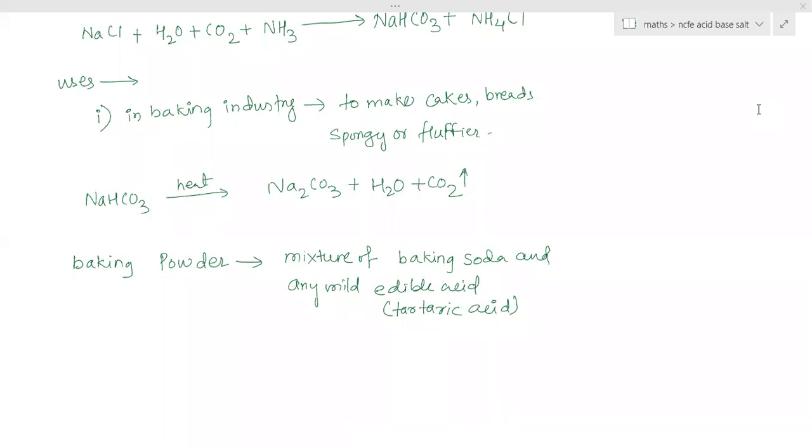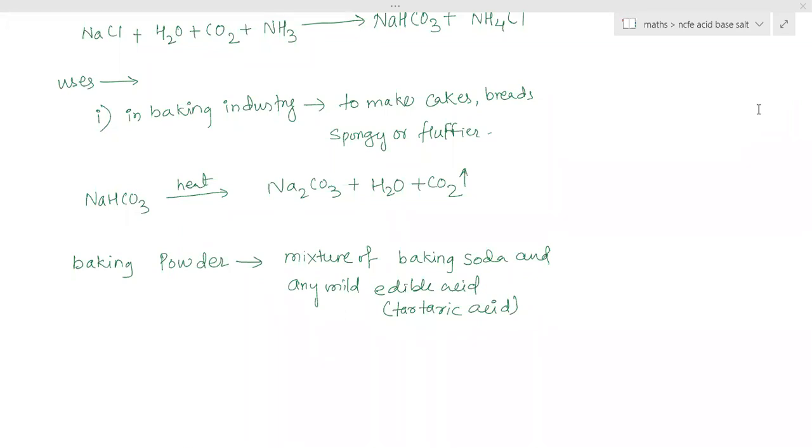The main function of making the cake fluffier by the production of carbon dioxide is done by the baking soda. But after that, what happens? Baking soda, when heated, produces sodium carbonate. Sodium carbonate is basic in nature and remains in the cake batter, which makes the cake taste bitter.